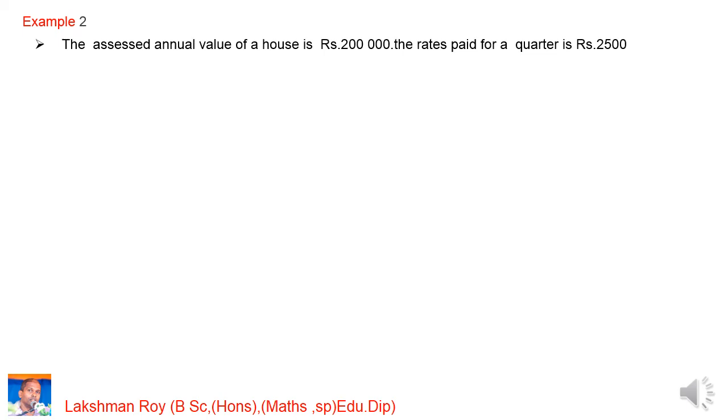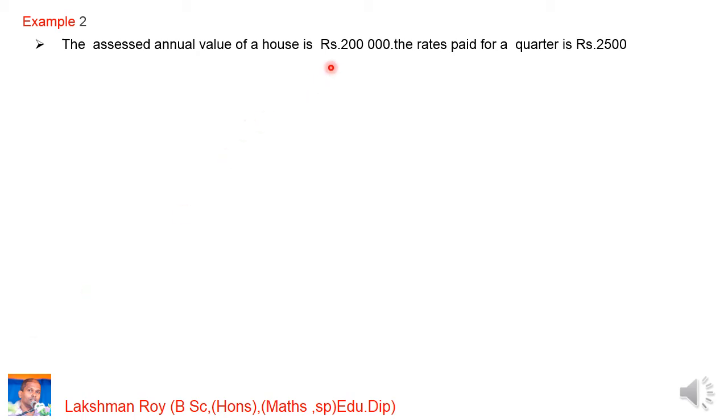Right, now students see example 2. I will discuss this type of example. You can see here, the assessed annual value of a house is 200,000 rupees. The rate paid for a quarter is 2500 rupees.